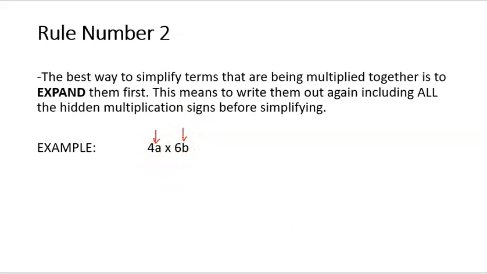To expand it, we would write 4 multiplied by a, and then this multiplication sign, and 6 multiplied by b. My 6's and my b's look very similar, so I should have picked a better number. So 4 multiplied by a multiplied by 6 multiplied by b.